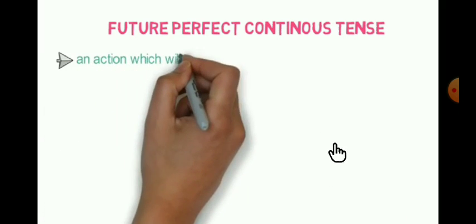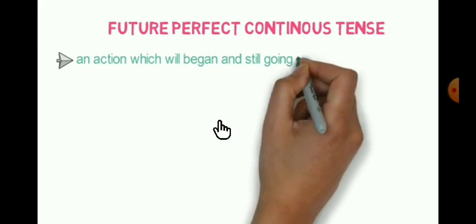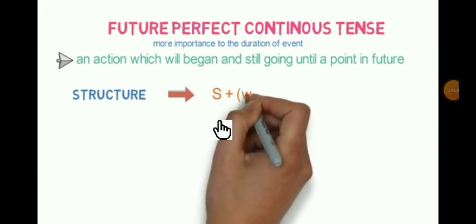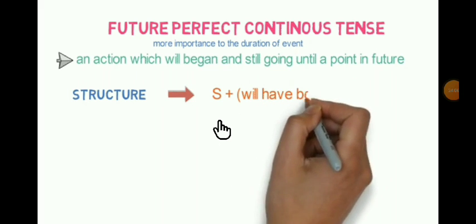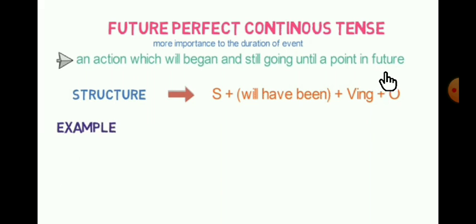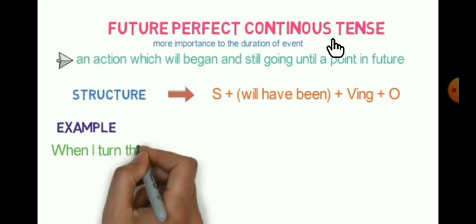Now we come to future perfect continuous tense. It is an action which will begin and still be going on until a point in the future.